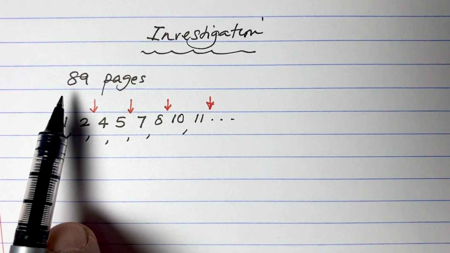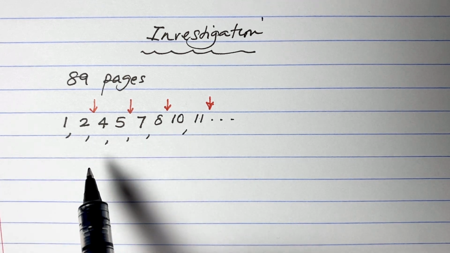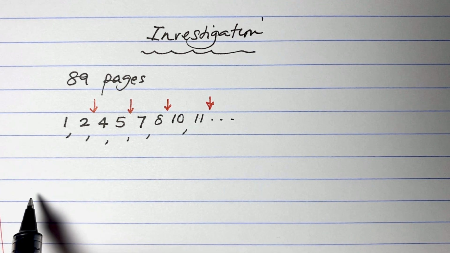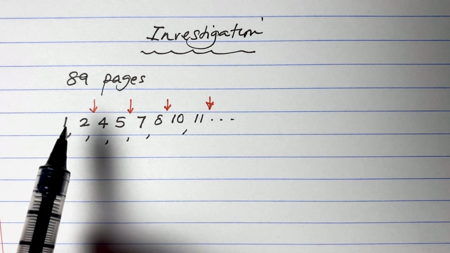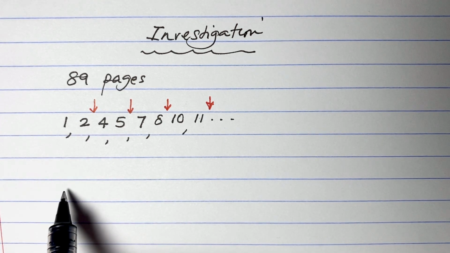Now, in order to investigate this, I start by not listing 89 pages. I'll try to find the rule with a smaller number of pages, say 10 pages.